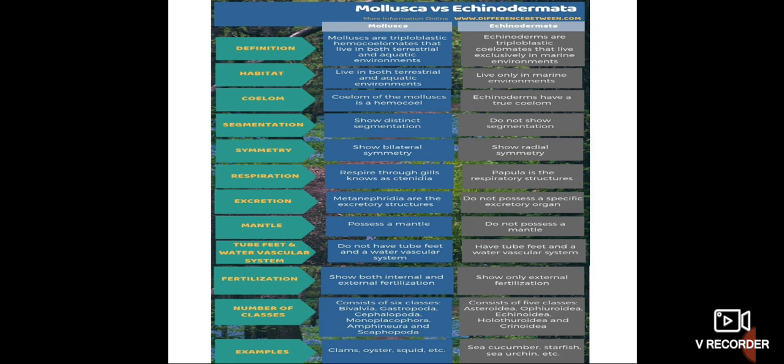Molluscans do not have any tube feet or a water vascular system. The specialized characteristic of echinoderms is possessing tube feet and a water vascular system. Molluscans show internal and external fertilization, whereas echinoderms show only external fertilization.